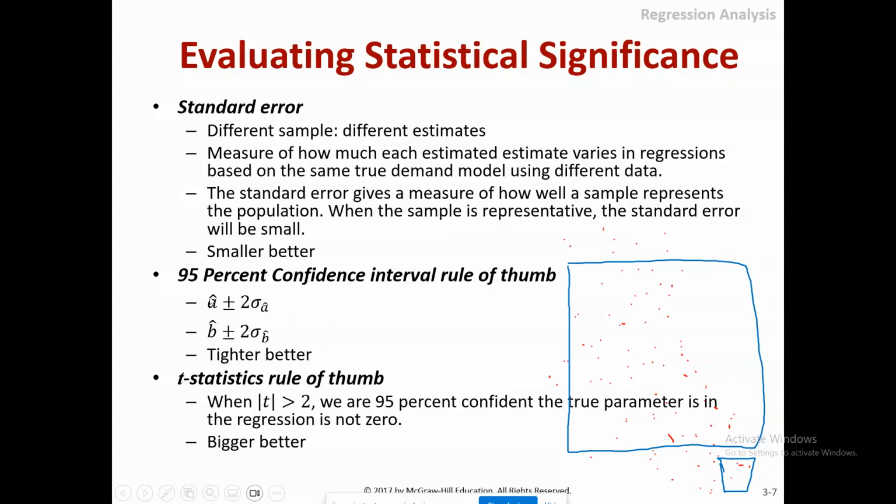Generally speaking, the upper limit of the confidence interval is the estimate plus 2 multiplied by the standard error of the estimate. The lower bound is the estimate minus 2 multiplied by the standard error. And generally speaking, the tighter, the better. The smaller the intervals, the better.